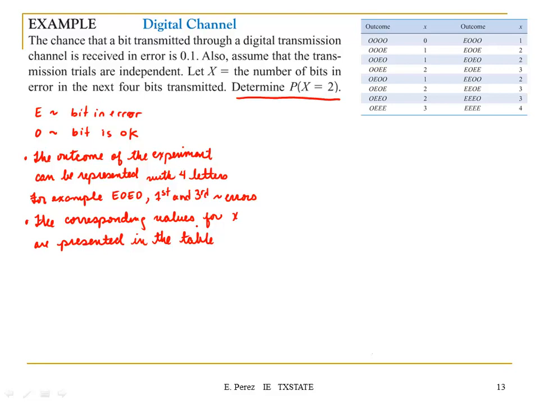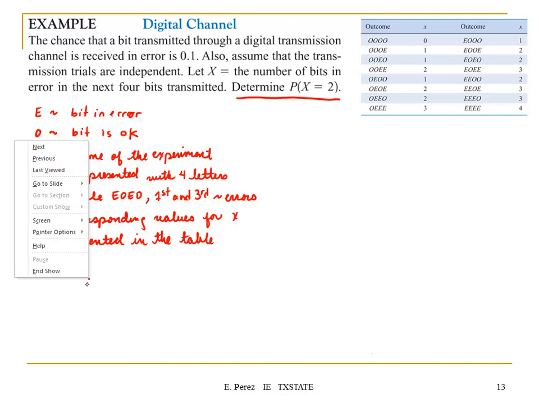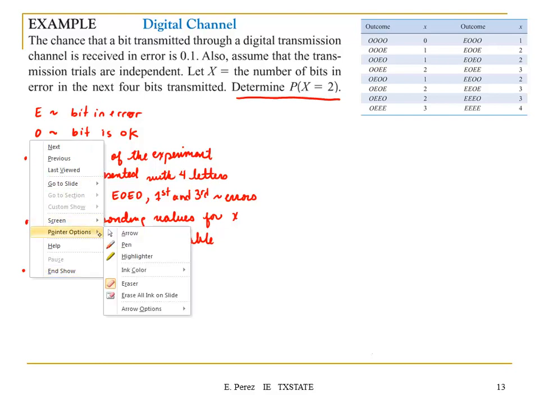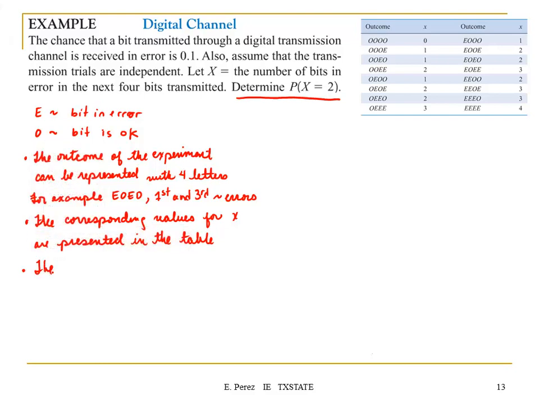So the event that X equals 2 consists of 6 outcomes. And we can list those outcomes. Okay?